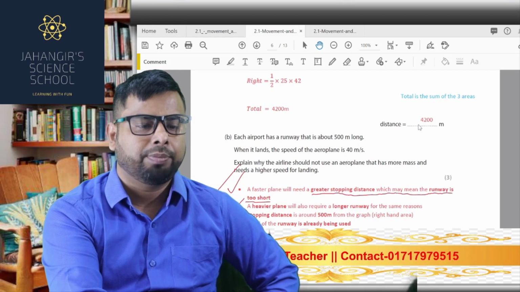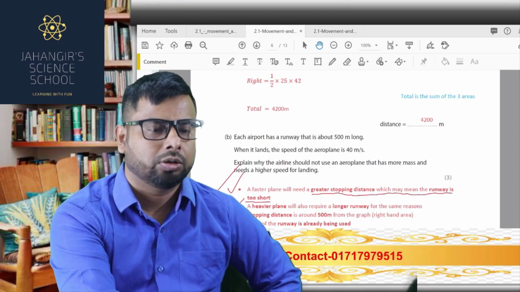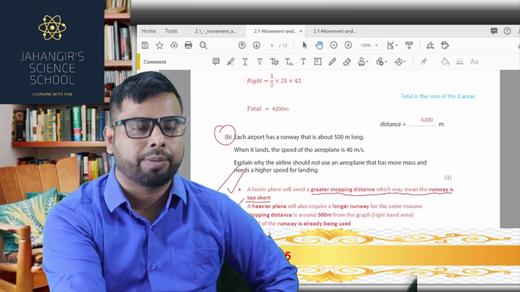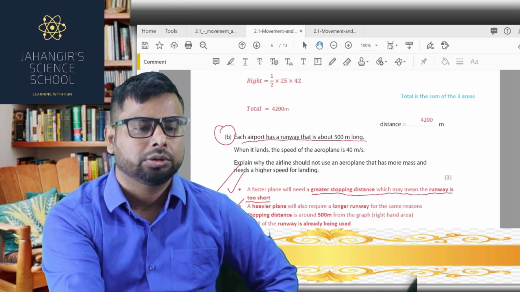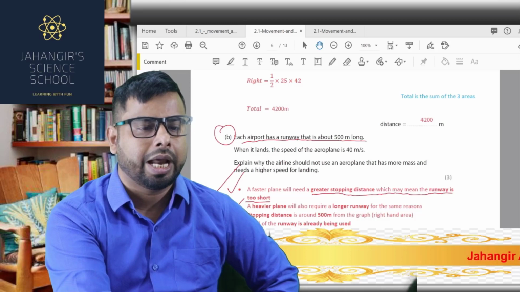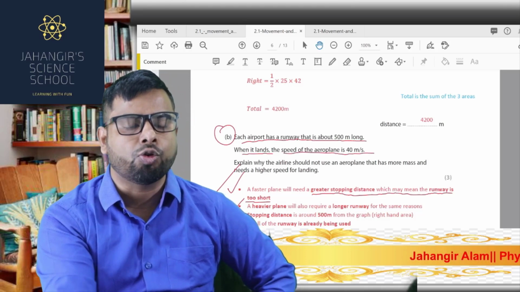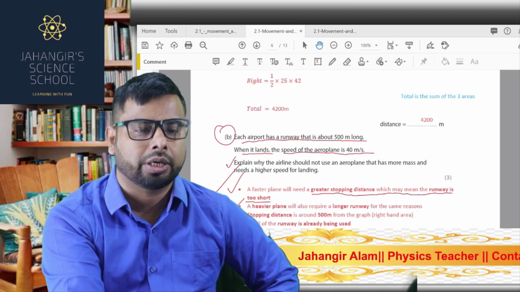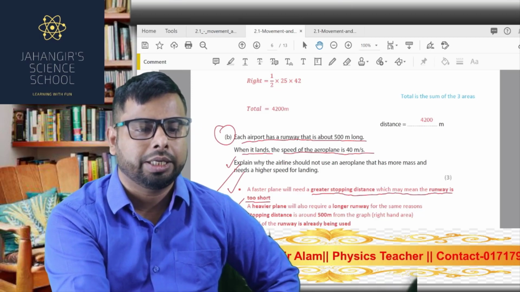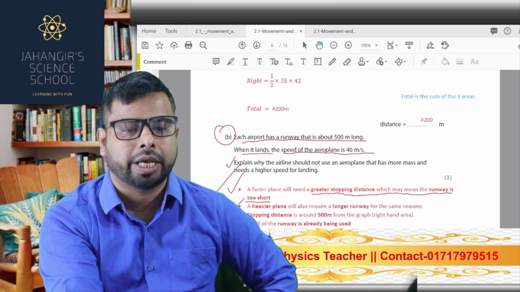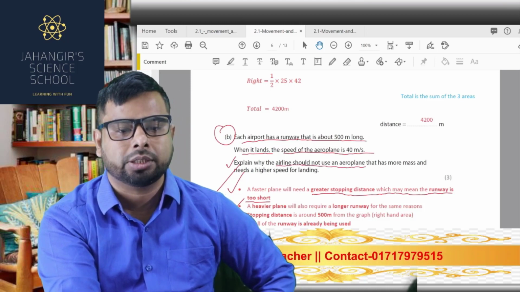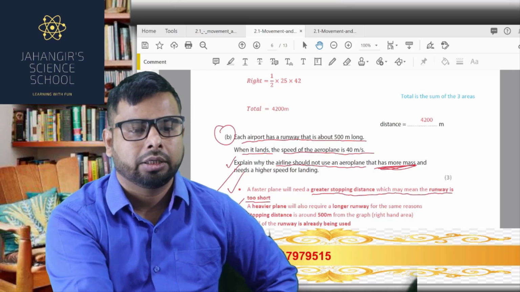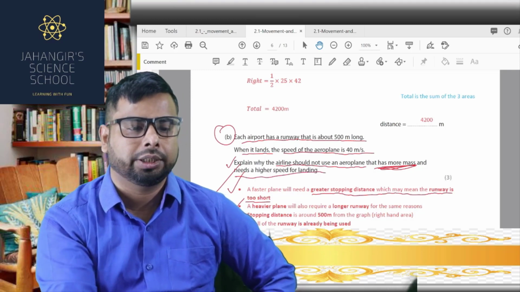First read the question. Each airport has a runway that is about 500 meter long. When it lands, the speed of the airplane is 40 meter per second. Explain why the airline should not use an airplane that has more mass and needs a higher speed for landing.